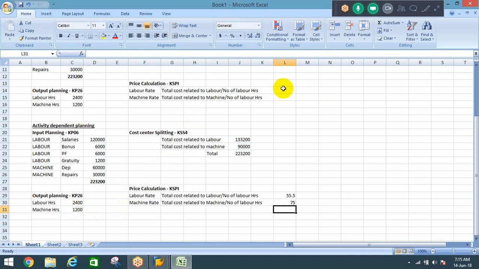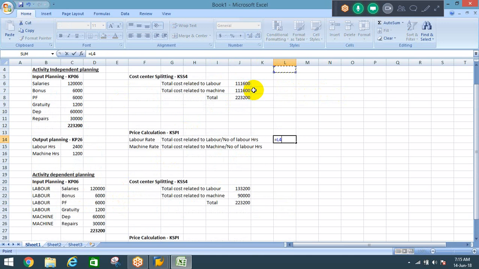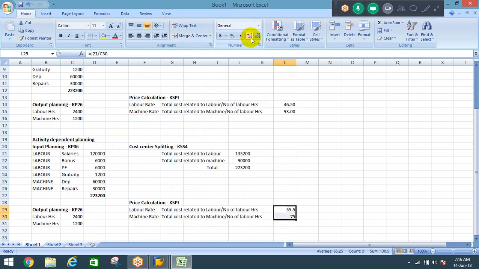It is the same planning, whatever expenditure we have given in the cost center, same. Whatever we gave, 2,23,200, here also 2,23,200.